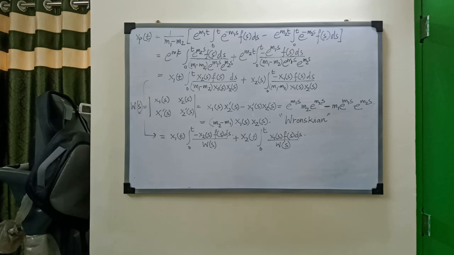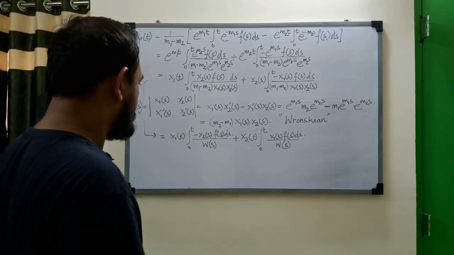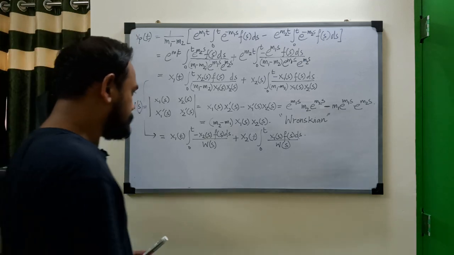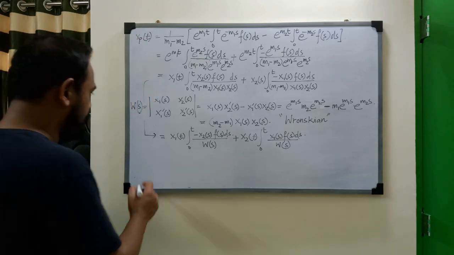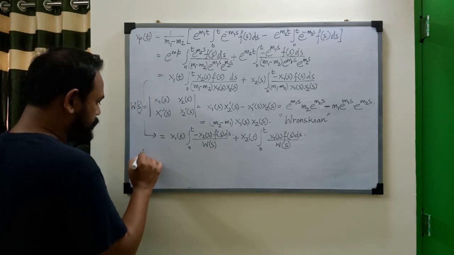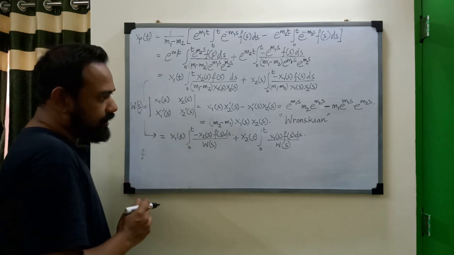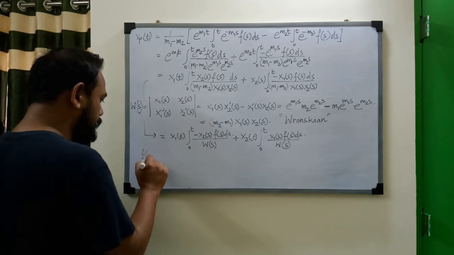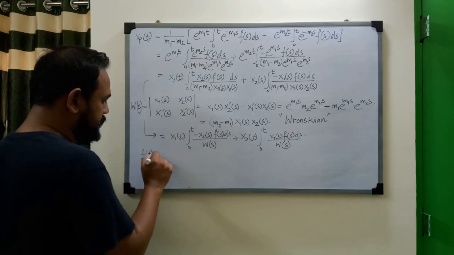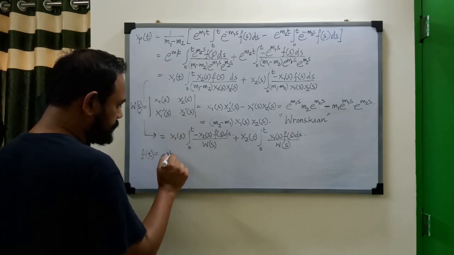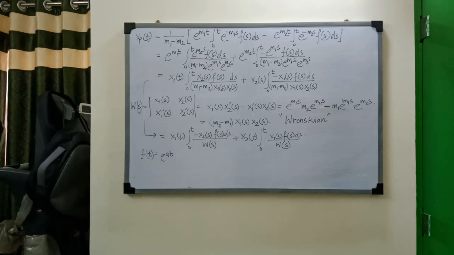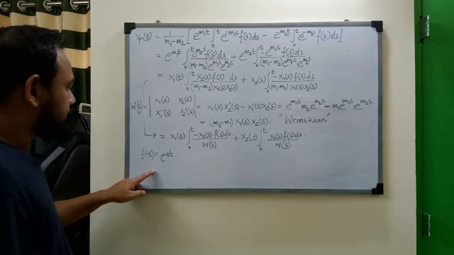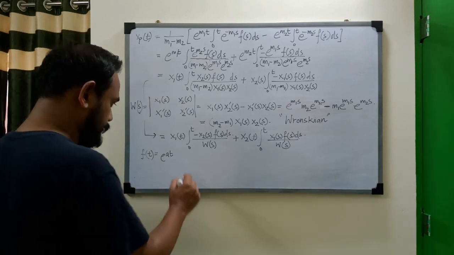Just as a problem, and we have already done this when we had exponential inputs, if the input f(t) was e to the power at, what would be the particular solution for this?